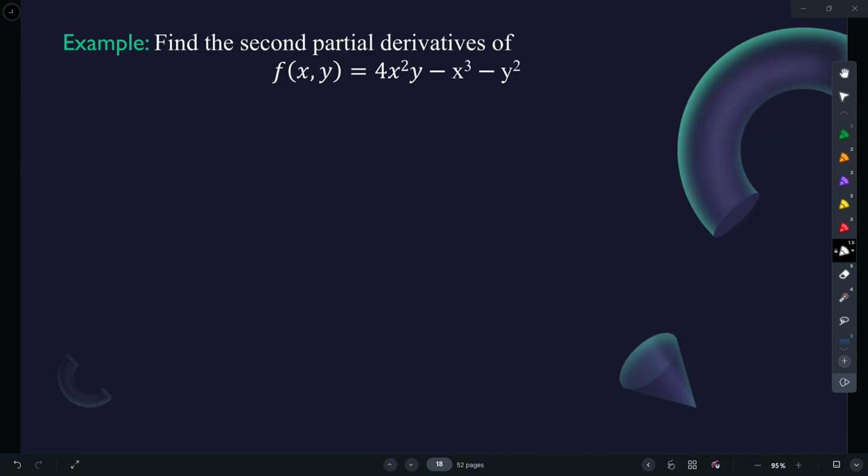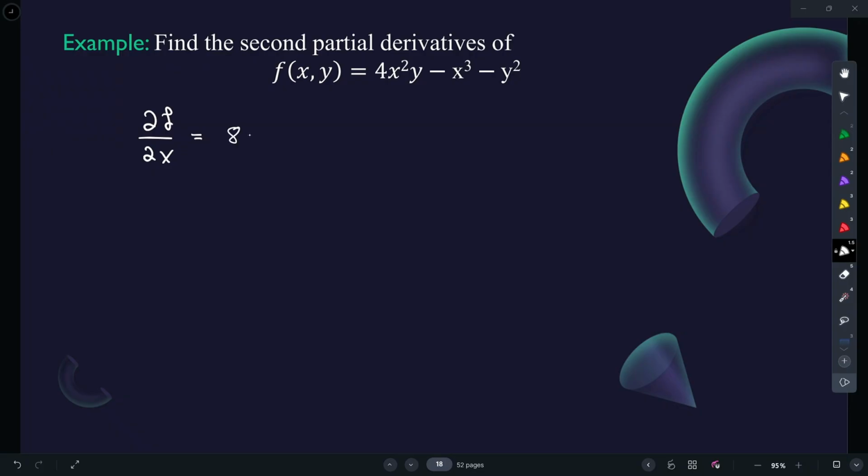Let's find all the second partial derivatives of this function. First, I find the first derivatives. With respect to x, let's do it: this is going to be 4 times 2x, 8x times y.